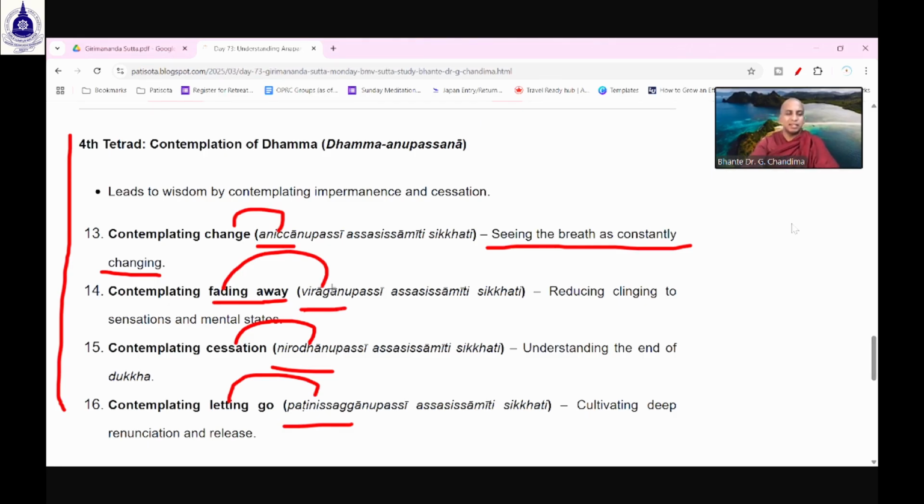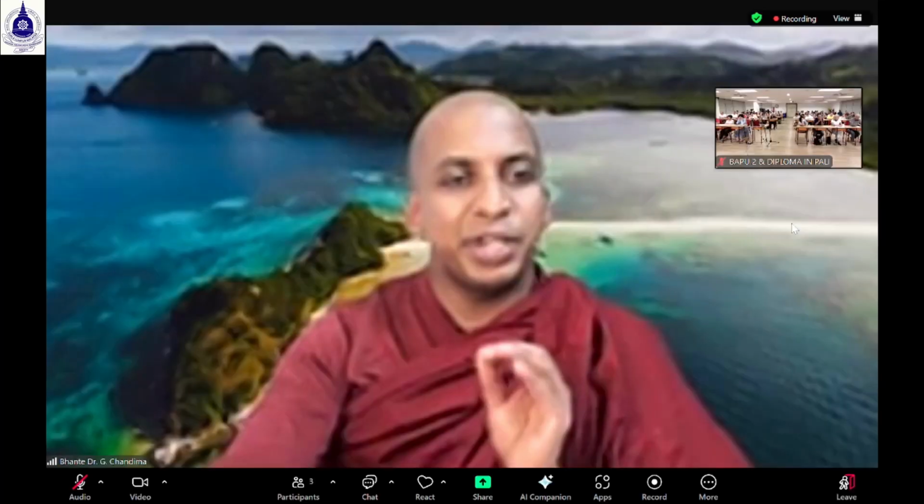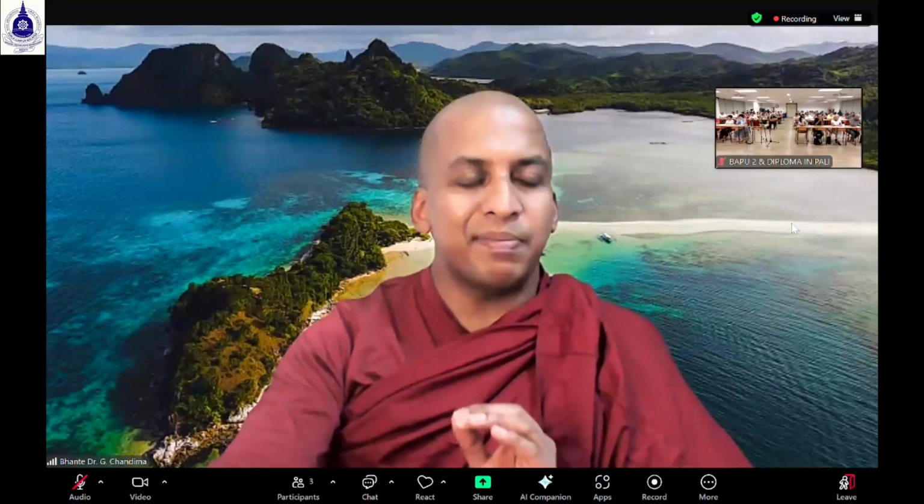Colorful means certain obsessions, actually. So we are going to reduce clinging to those things. It doesn't mean that you are going to do it at the moment. You have done it in your life. Then you contemplate one particular event in which you did it, a moment of fading away in your life.